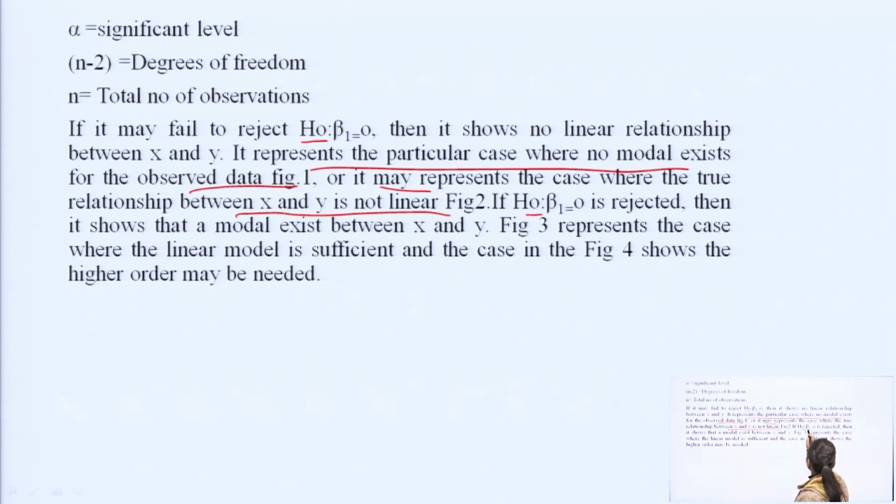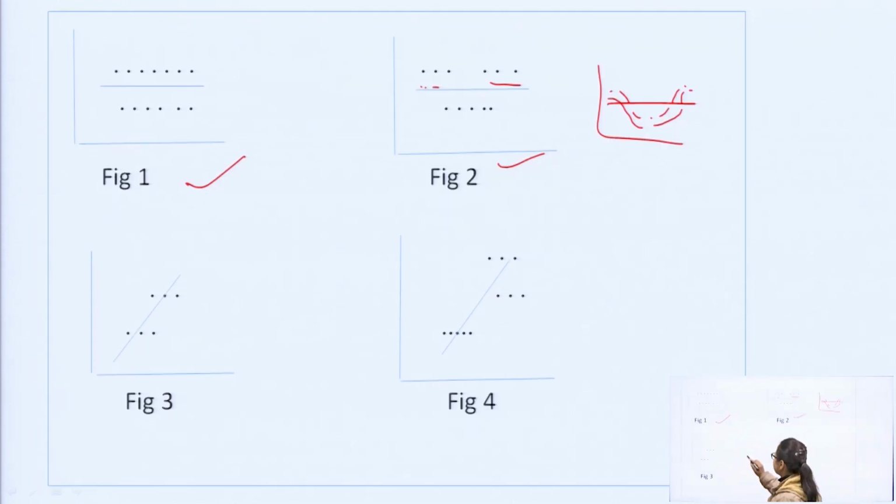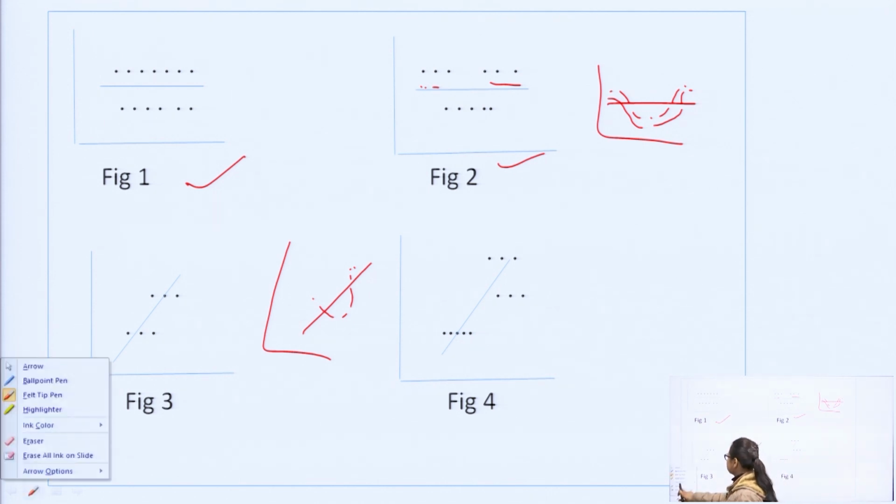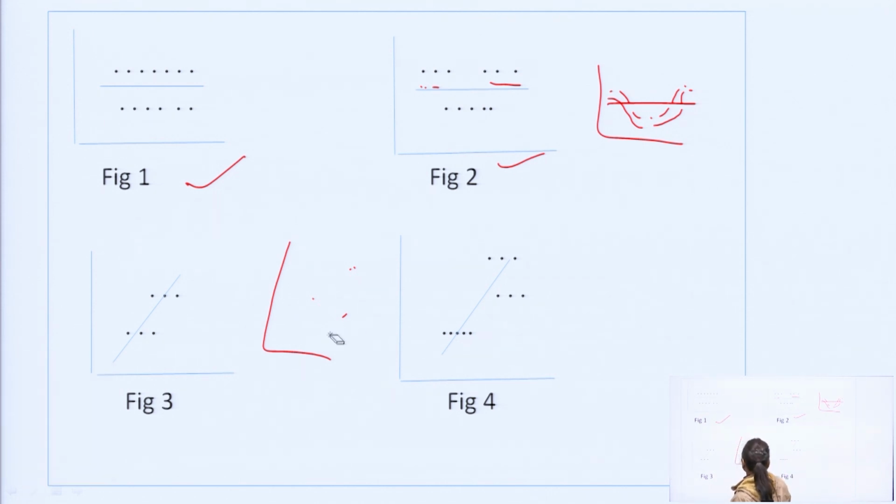If the null hypothesis beta 1 equals 0 is rejected, then it shows that a model exists between x and y, as in figure 3. So, in figure 3 there is a model.